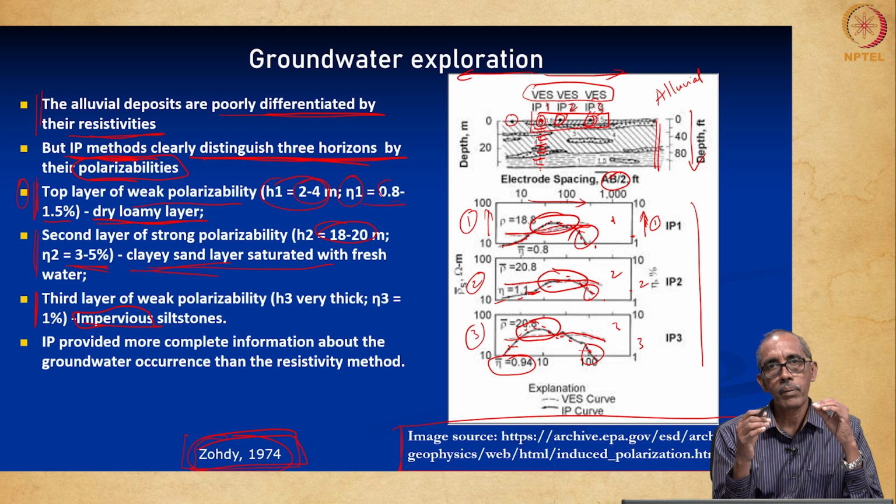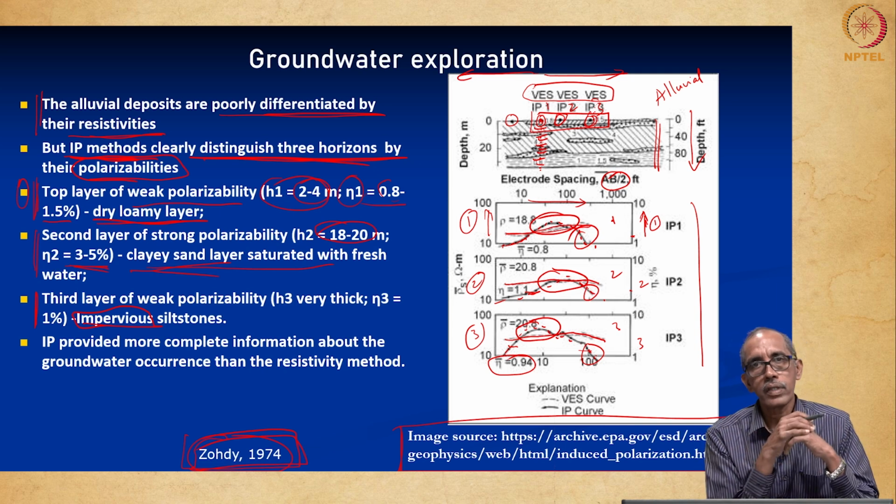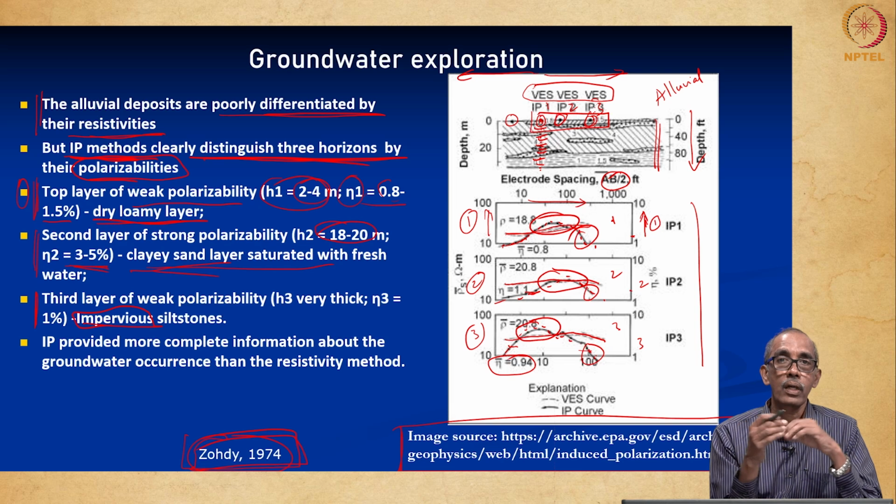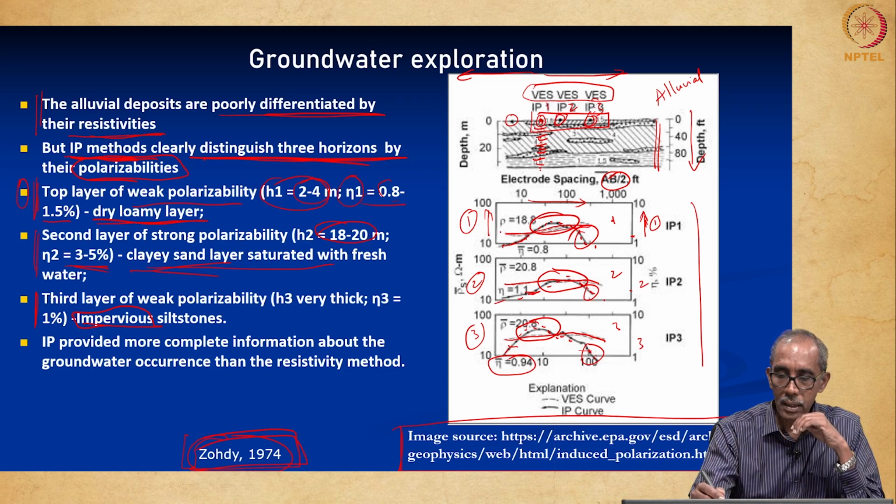That means, the resistivity method did not give sufficient information, whereas at the same site we could get sufficient information about the subsurface by induced polarization method, because resistivity was more or less the same.